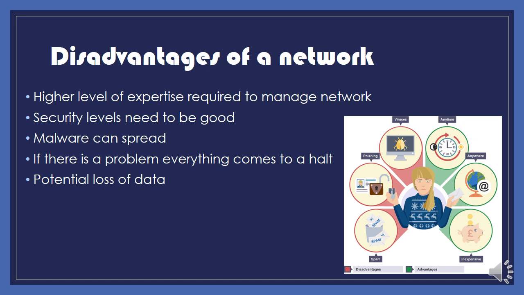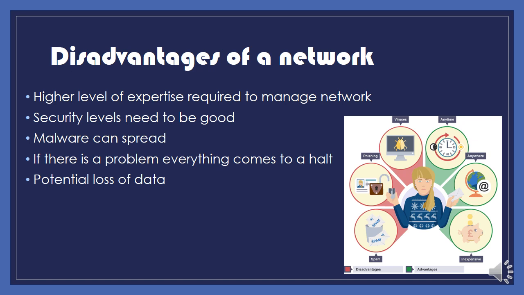The disadvantages of a network are that you need someone to manage the network, and you need someone who's an expert and who's been trained to do this. Also, your security needs to be good. Otherwise, people could look at each other's files or personal or private information that they don't want others to see.